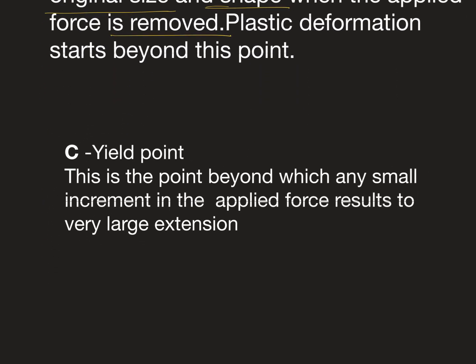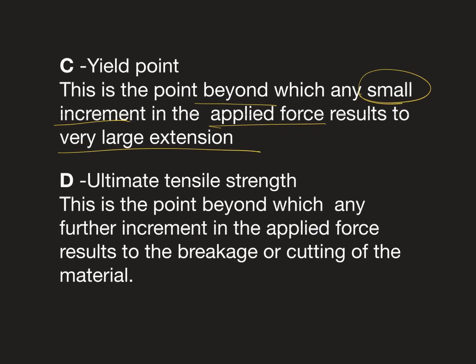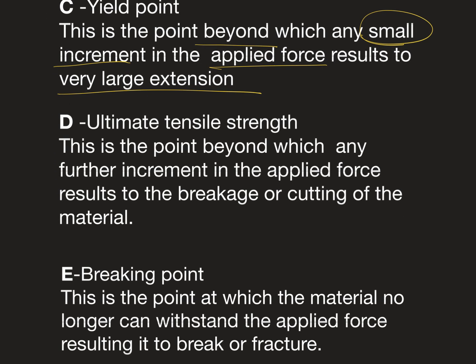Moving on to the yield point. It is the point beyond which any small increment in the applied force results in very large extension. The ultimate tensile strength is the point beyond which any further increment in the applied force results in breakage or cutting of the material.